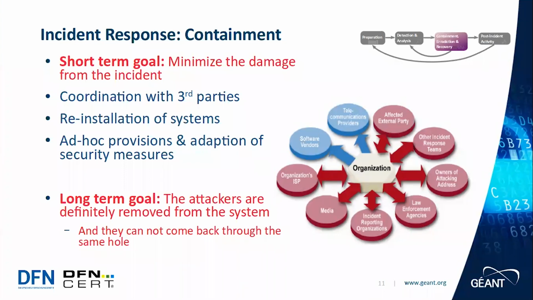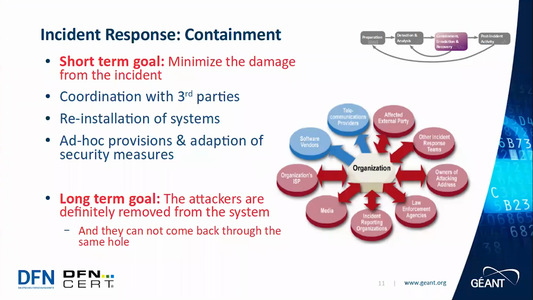But with more to this, we have to do a lot of coordination with third parties. This can be your organization's ISP in the case of a DDoS attack. We may have to contact the media, which will likely be our media offices or press officers. We probably have to deal with law enforcement or some government regulatory offices, especially if we have personal information or we belong to critical infrastructures, medical information.